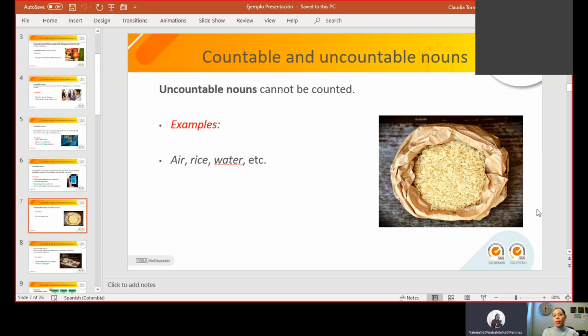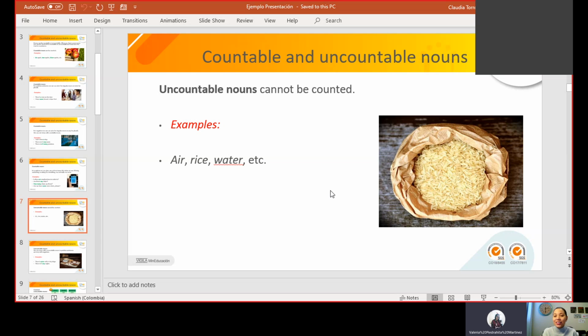So now here we're gonna talk about the opposite, right? If you can count countable nouns, you cannot count uncountable ones. Some examples are the air, rice, water, sand. You can't really count rice. If you count the small grains, it's gonna take forever, right?